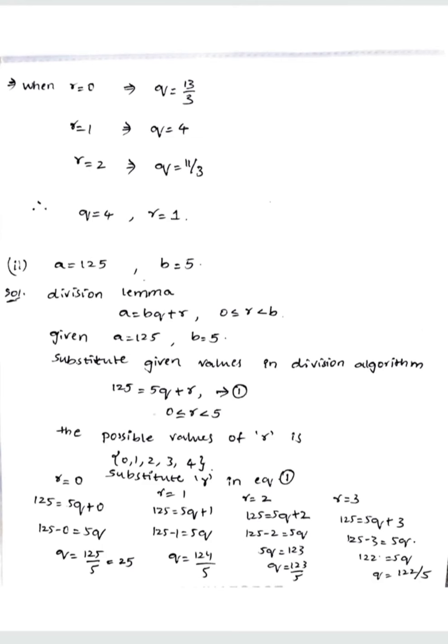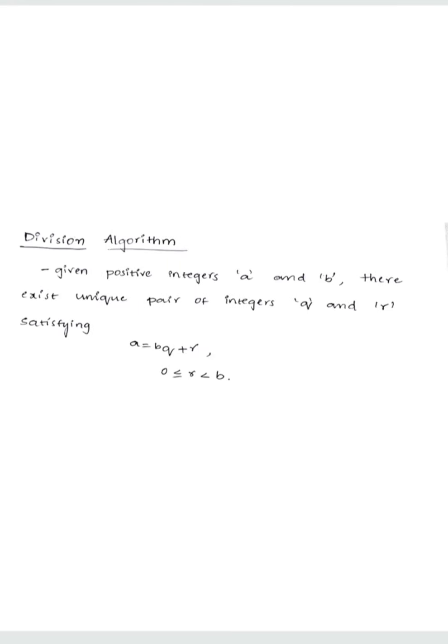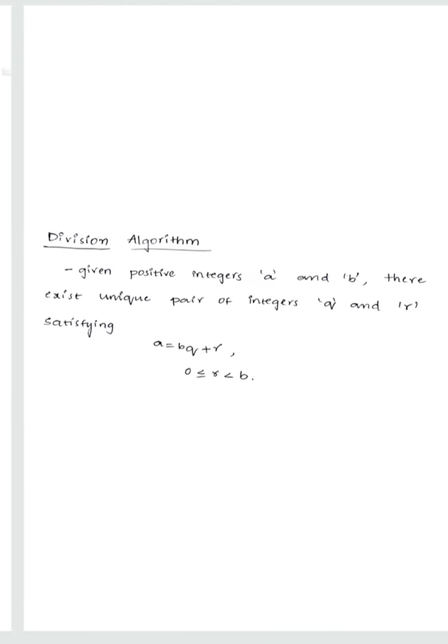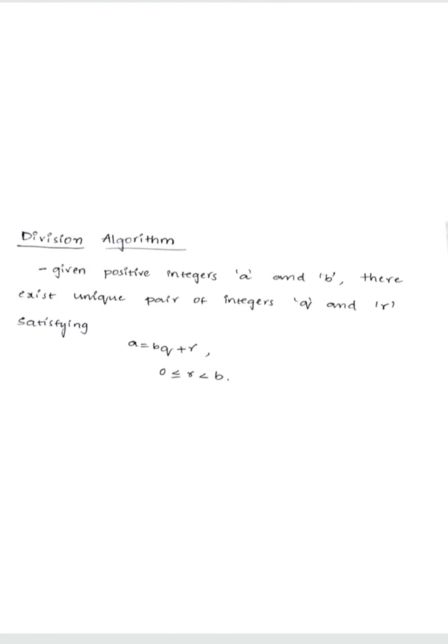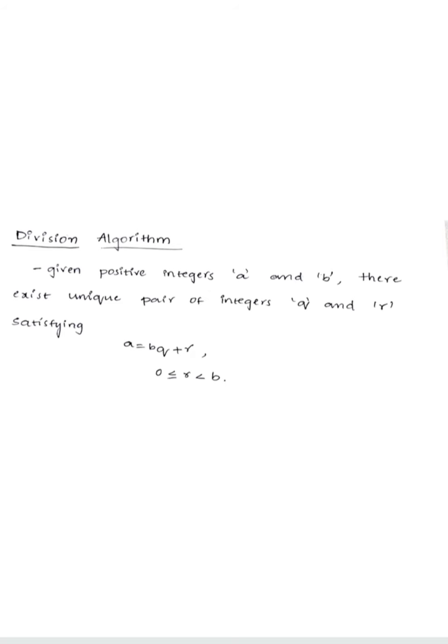So from division lemma we know that q and r should be a pair of integers. Given positive integers a and b, there exists a unique pair of integers q and r. q and r should be a unique pair of integers. So from this idea we need to get our actual answer.